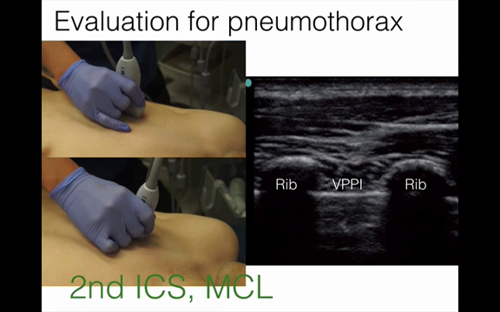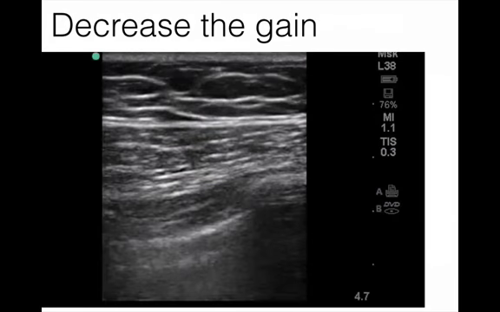And again, you want to image at the second intercostal space at the mid-clavicular line, because that's where air is most likely going to accumulate when you have a pneumothorax. Sometimes if you have the linear probe, especially, where you have just a lot of detail in your image, and it looks nice, this is skin, this is subcutaneous fat right here, and these are muscles, pec major, pec minor, these are intercostal muscles, and there's a rib right here and a rib right here, and this will be the pleural interface itself.